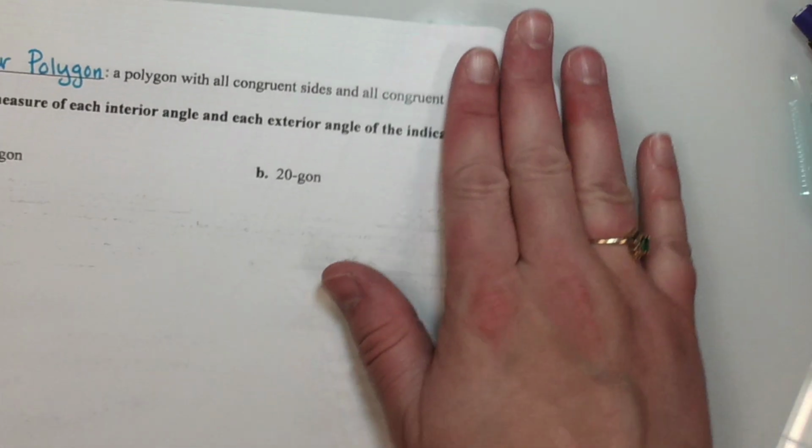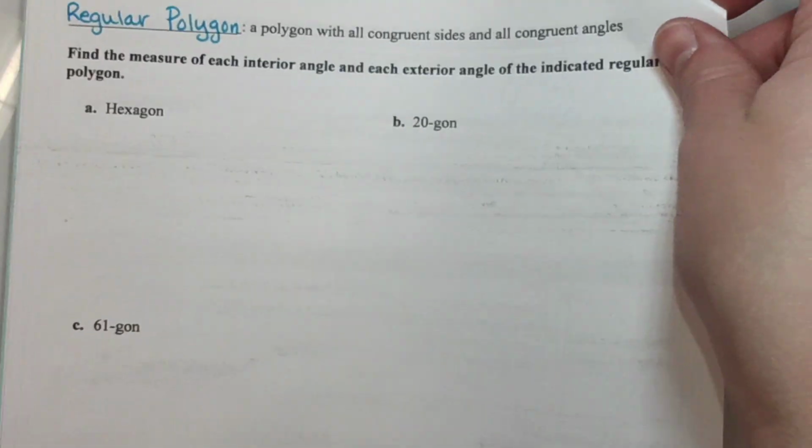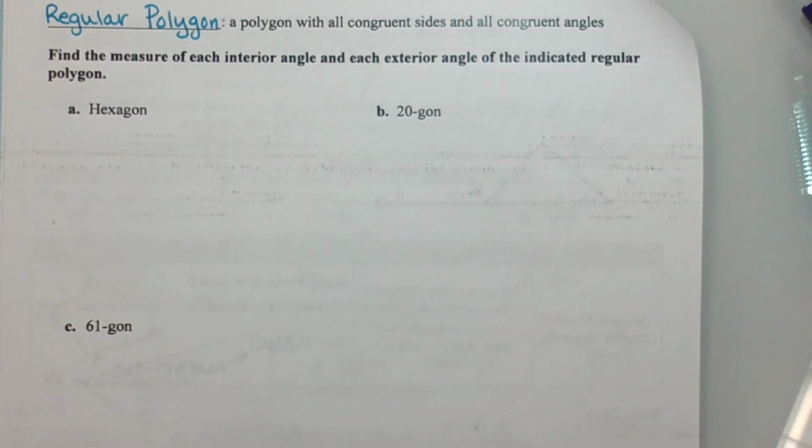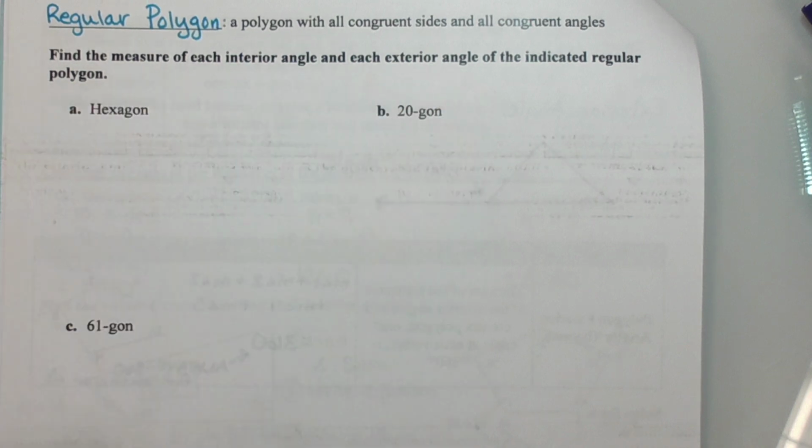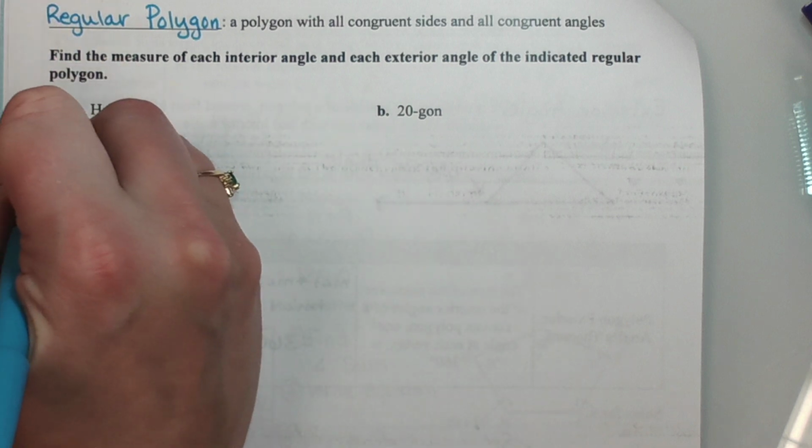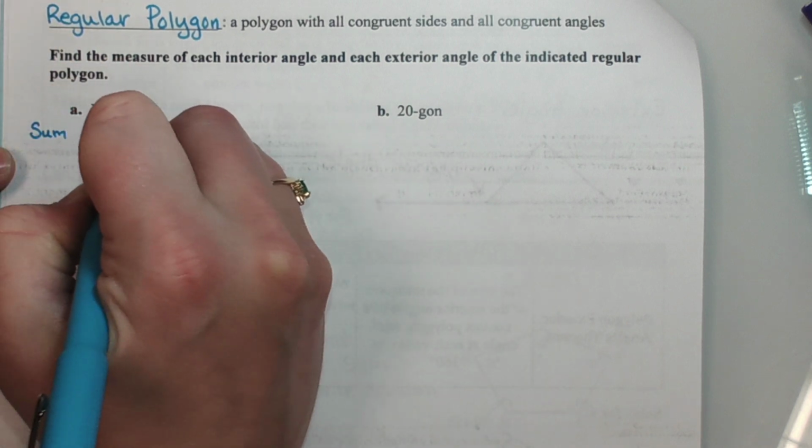Because all of those angles are going to be the same. So to do this, the first thing we have to do is find the sum of, well, are we doing interior or exterior? In this case, it wants both. So we're going to start by finding the sum of the interior angles.